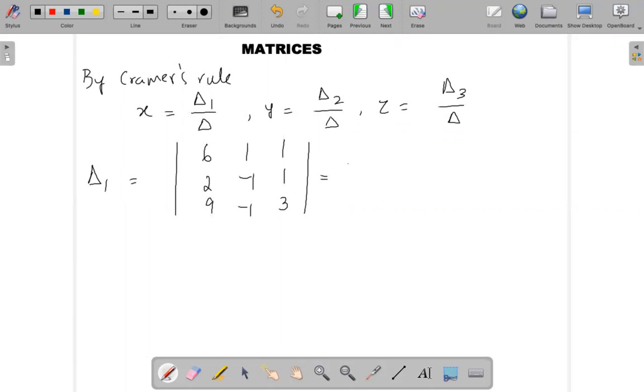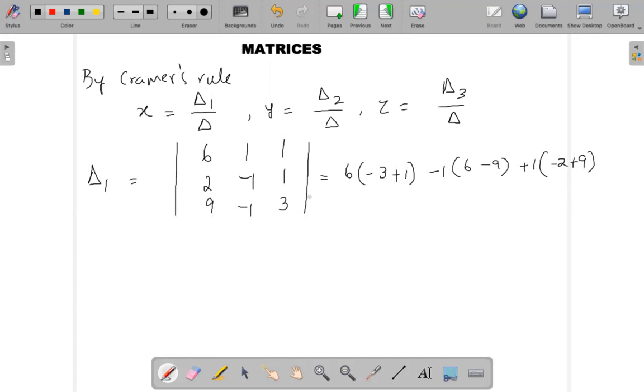So this will be 6 times (-3 plus 1), minus 1 times (6 minus 9), plus 1 times (-2 plus 9).